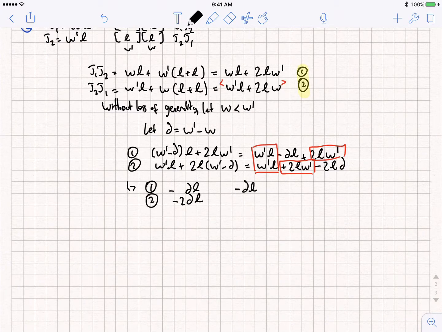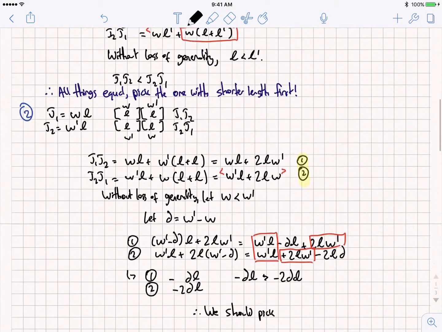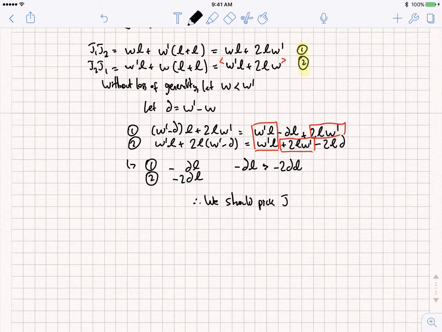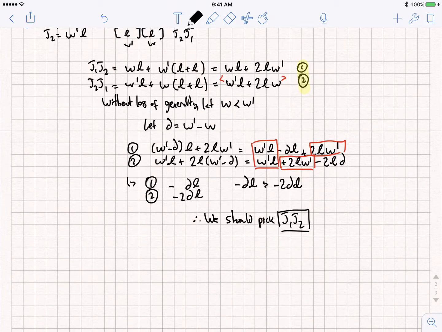And of course, minus DL is greater than minus 2DL, therefore we should pick the first one, and the first one was J1, J2, and we said that W prime is greater than W. Since we have that, we say that we should pick J1, J2.